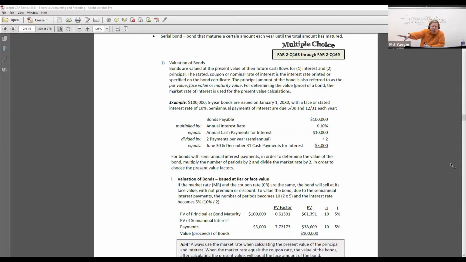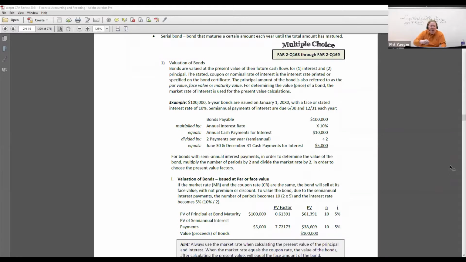So remember, you're selling two things today. You're selling the face amount of the bonds today, and you're also selling the interest payments that you're going to pay throughout the bond. And you want to figure out what those interest payments are worth today. When you think about what something is worth today, you think of what table? Present value table or just a compounding table.